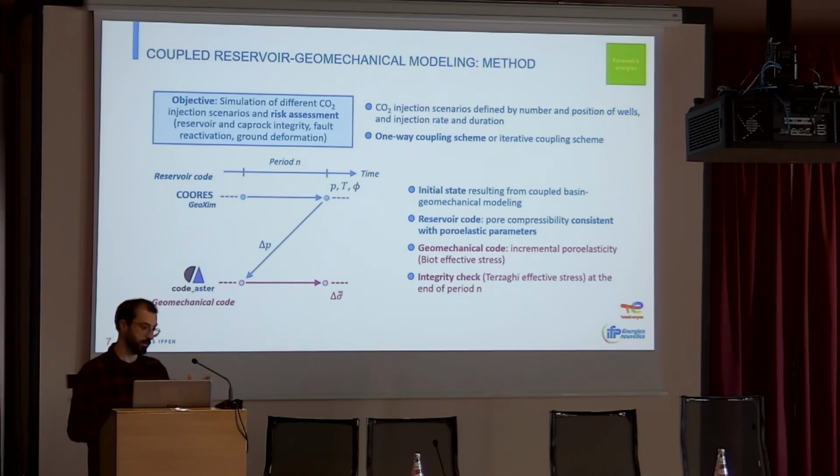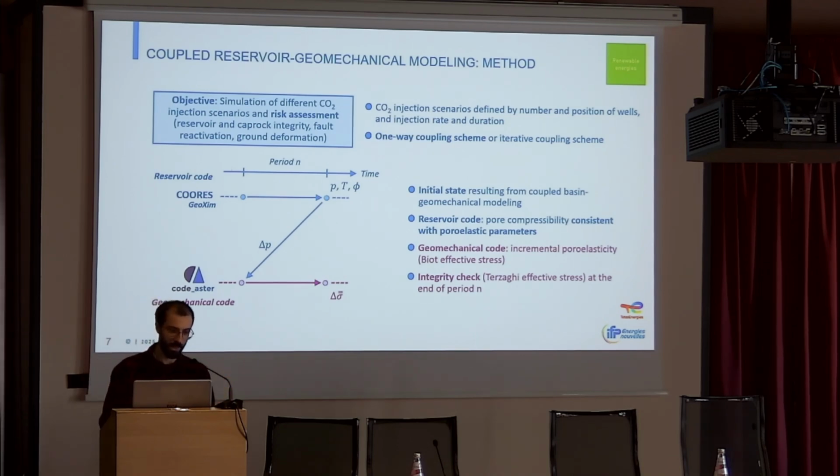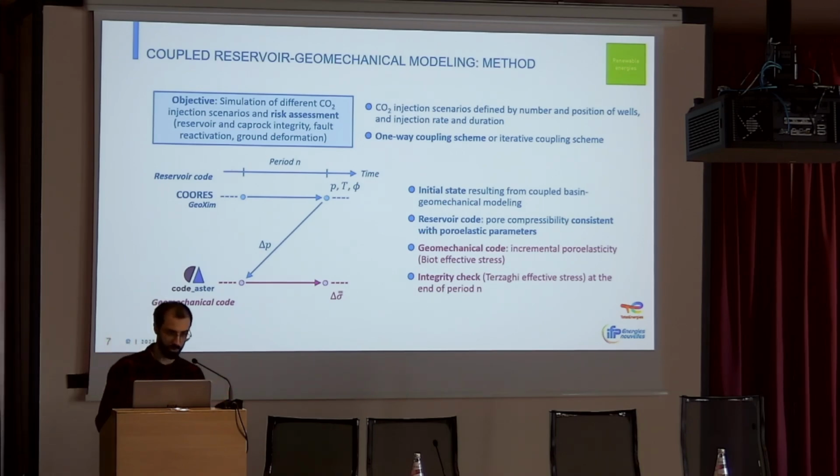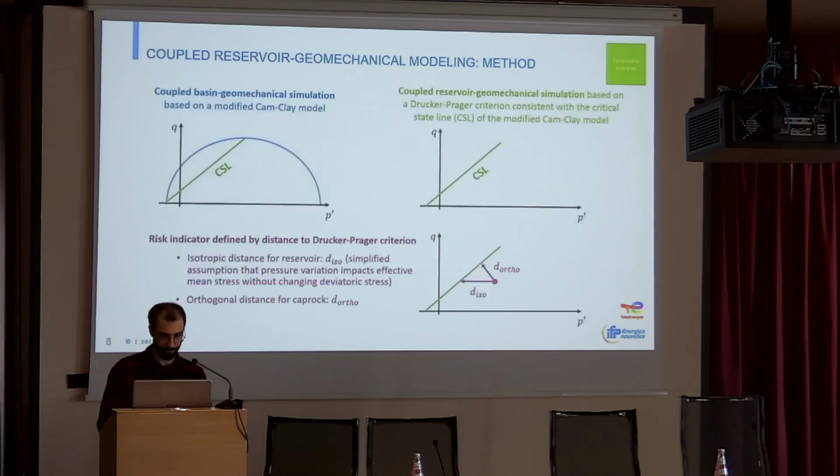And the initial state for the reservoir simulation will be the result from the coupled basin geomechanical modeling. And so the objective is to simulate different CO2 injection scenarios and do the risk assessment. That is to say, reservoir and caprock integrity, fault activation, ground deformation, and so on.